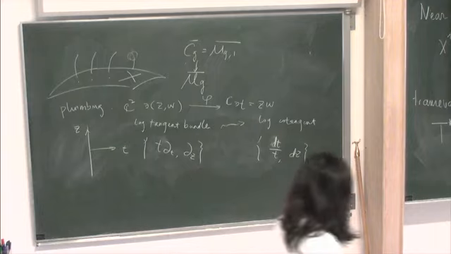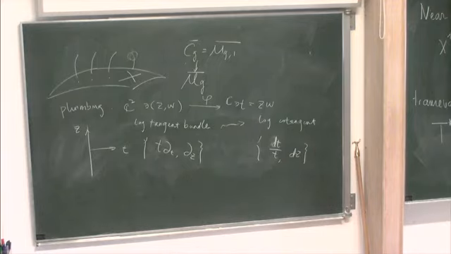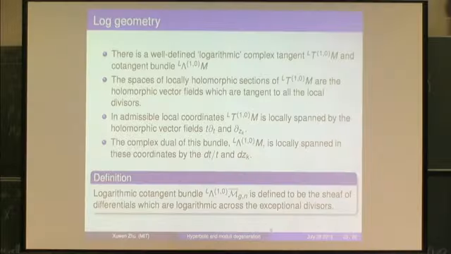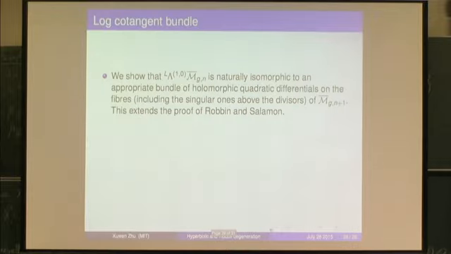So what we say here is that this logarithmic cotangent bundle, locally spanned by those forms, contains the cotangent vectors that the moduli space actually lives in. We extend the proof of Robin and Solomon to show that there is a natural isomorphism between this log cotangent bundle and the bundle of holomorphic quadratic differentials on the divisor.